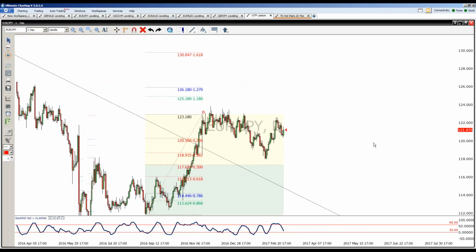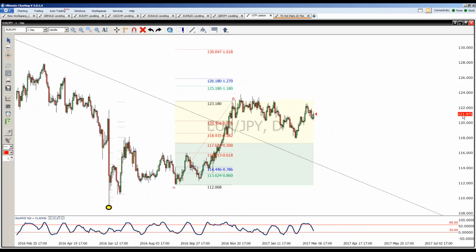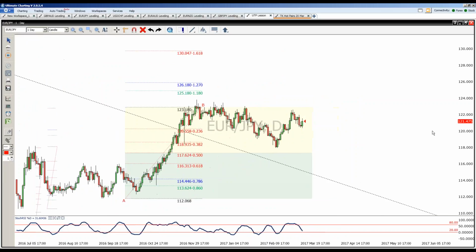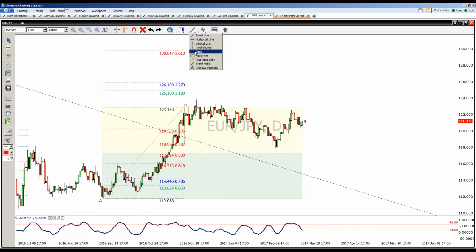And this is quite an interesting scenario due to the fact that we have an A at 112.06, we have a B at 123.18, and the market actually came back to retrace to the 382, but that's still regarded as a shallow retracement.